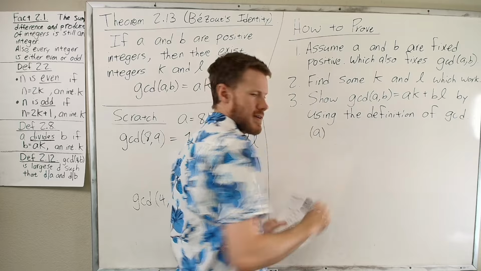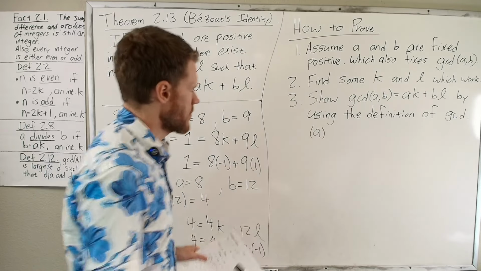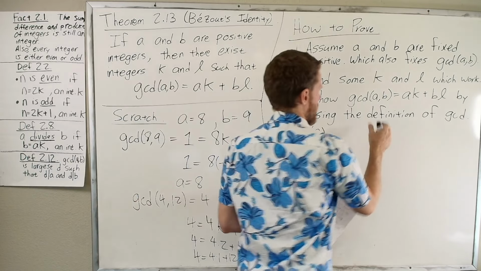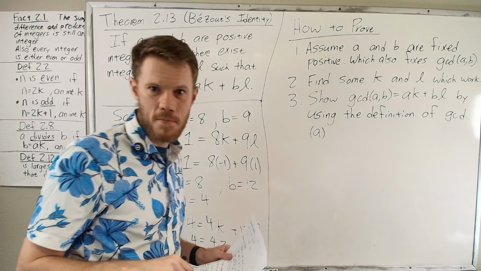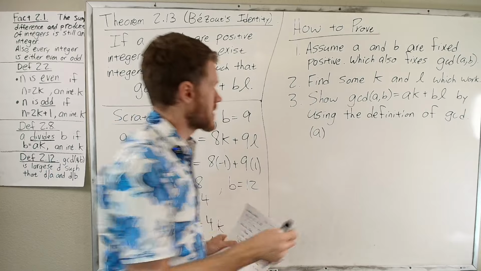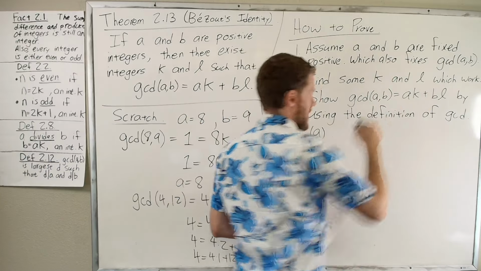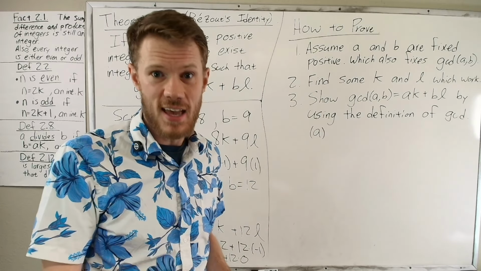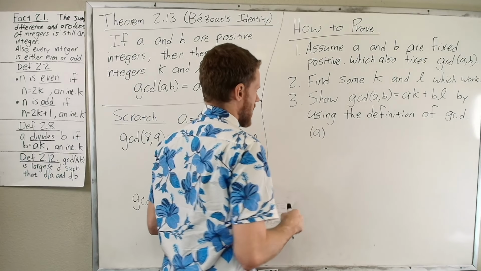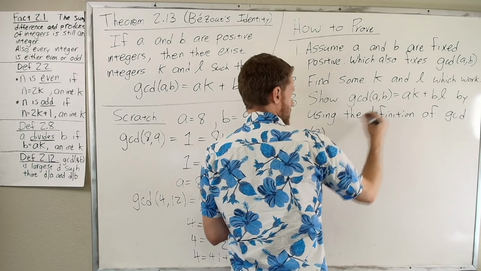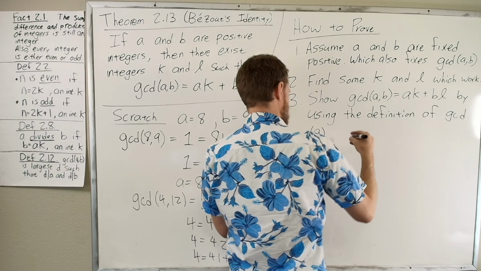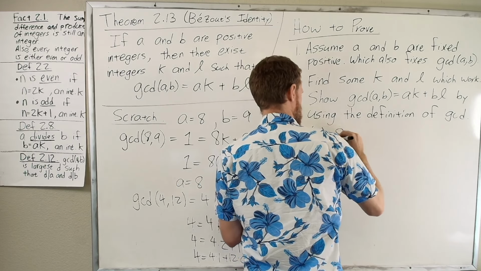Well, step A, we're going to show both that this number, AK plus BL, that's a fixed number now, right? Because we fixed A and B here, and in step 2, we actually found the specific K and L which work. So we have to show both that this thing is a common divisor.